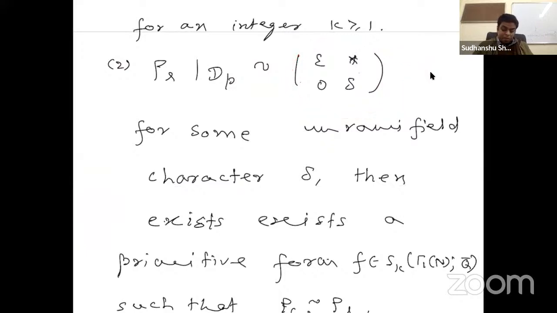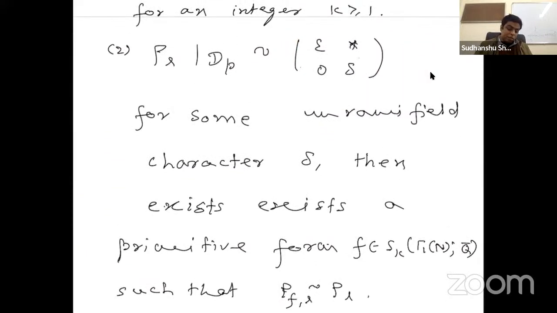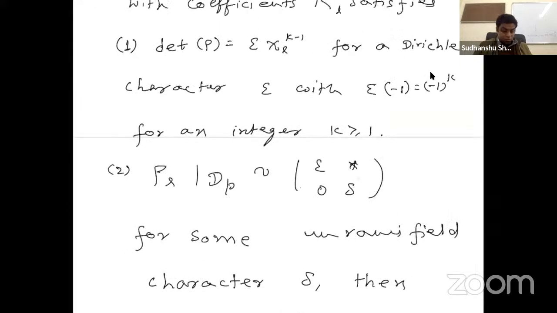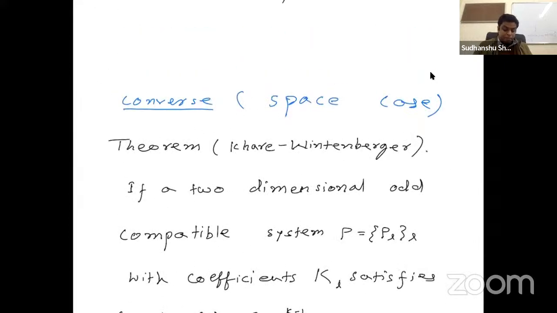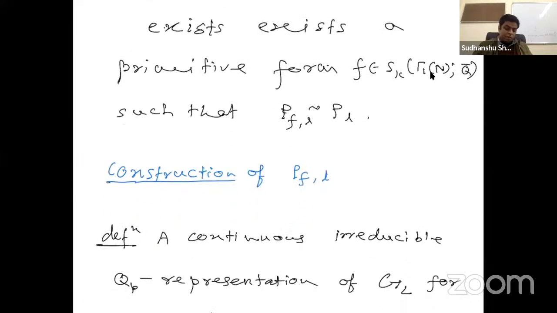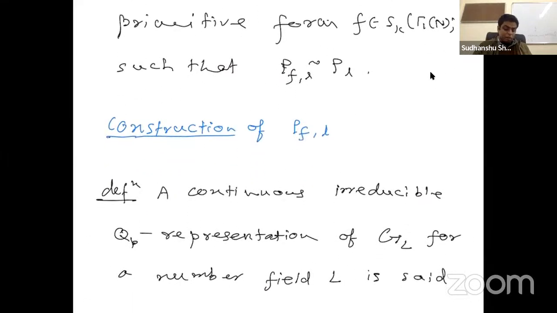Then it comes from a primitive form F. The representation rho L is equal to rho F,L for some F, and these coefficients are related to the Fourier coefficients of F. This theorem is due to Hecke and Weil-Langlands. It's a converse statement. Let's stop the converse case here itself and come back to our case.